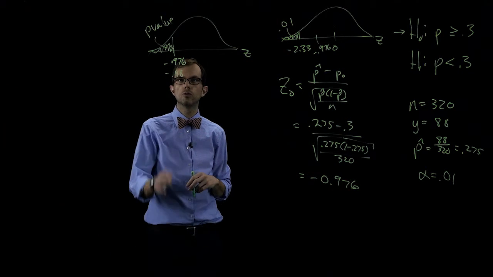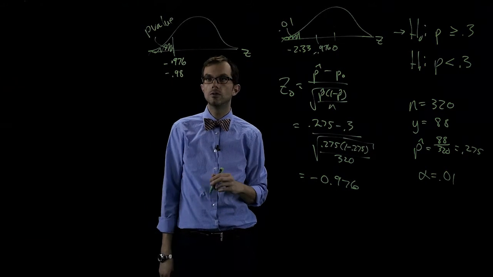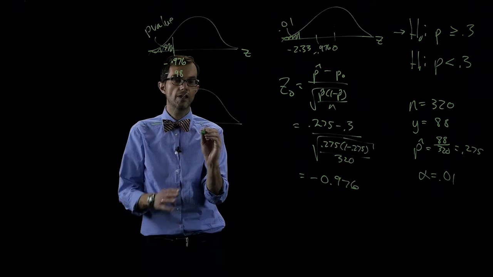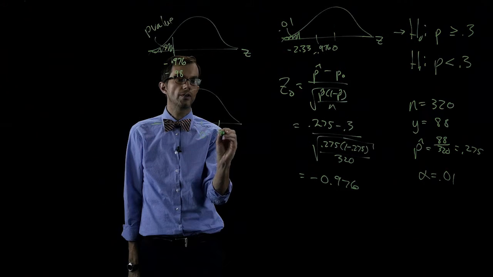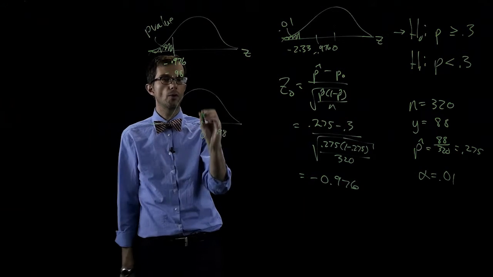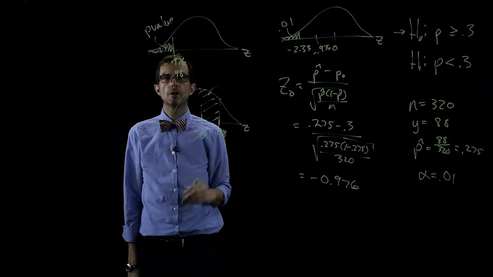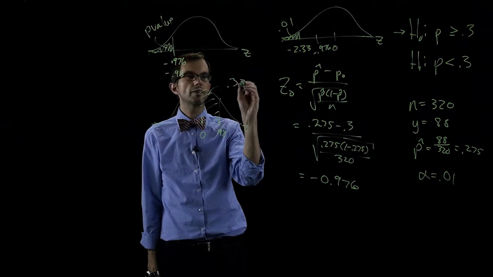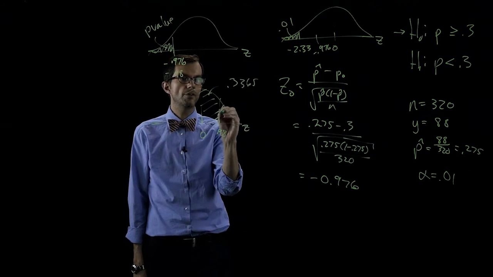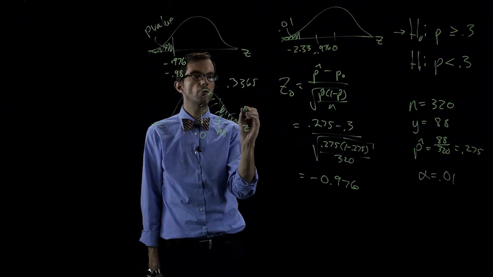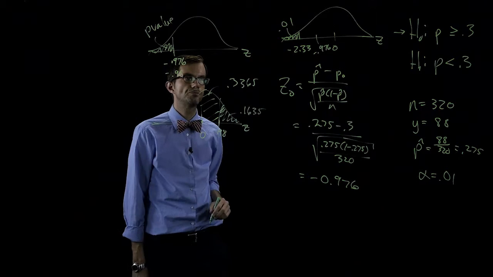So if we go look up the value of 0.98 in the table, we're going to get something like this. Between 0 and 0.98 on the z-axis, this area in the lookup table would be 0.3365. That must mean this area is 0.5 minus that, which is 0.1635.